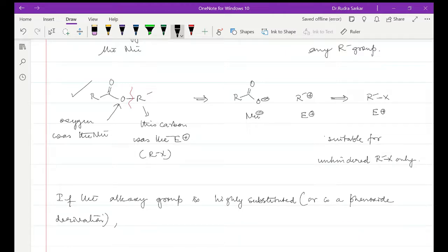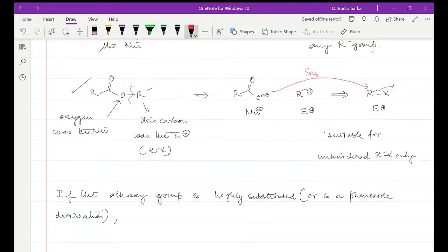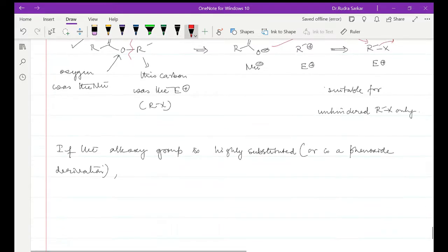Because typically out here this particular oxygen will make an SN2 attack on this, that will go away and the ester is formed, okay? So we will not use the second disconnection approach over here.